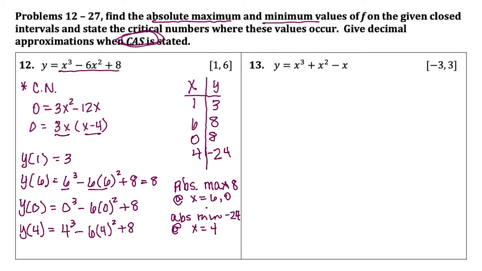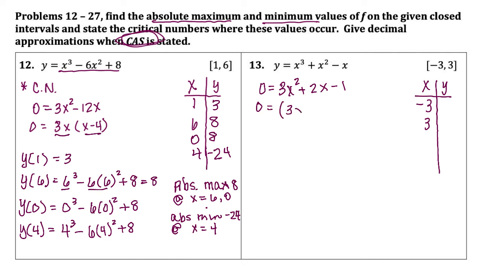All right, so now we go through and do the same thing with 13. So again, set up a chart. And you know negative 3 and 3 are your endpoints. And then you've got to find your critical points. So go ahead and say 0 equals your derivative, 3x squared plus 2x minus 1. And then factor this.